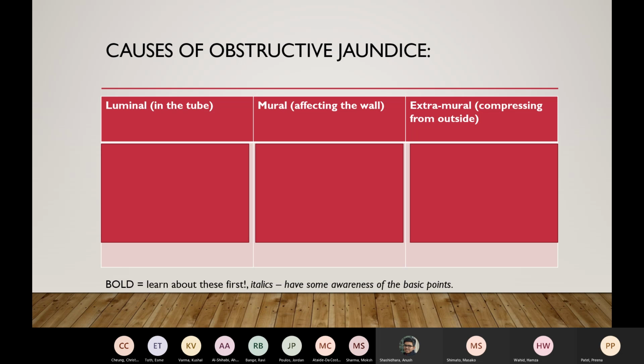So what other questions could you ask, or what other signs could you look for in someone who might have cancer? Unexplained weight loss. Yeah, exactly. Good. So unexplained weight loss and painless jaundice is pancreatic cancer until proven otherwise.